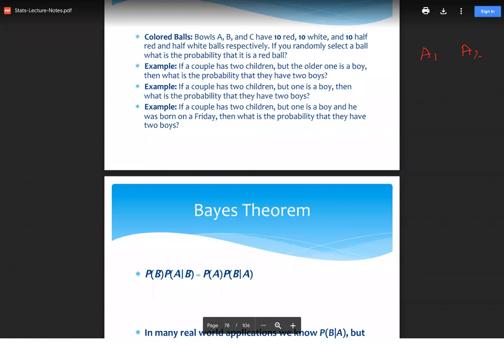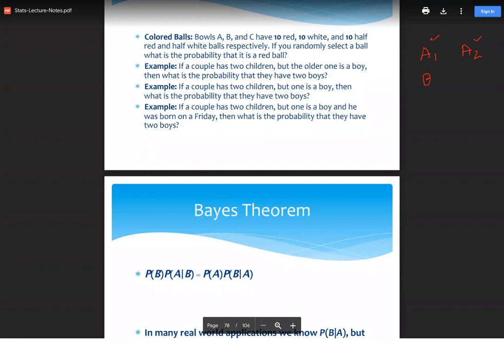The first problem says, if a couple has 2 children, but the older one is a boy. So the older one is the A1 event, the younger one is the A2 event. The older one is a boy, that's for sure. So that's 100%.